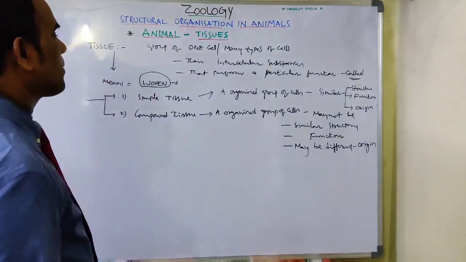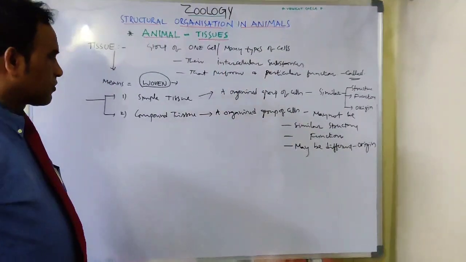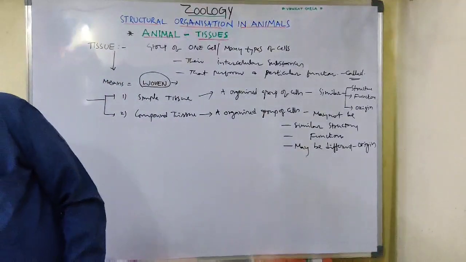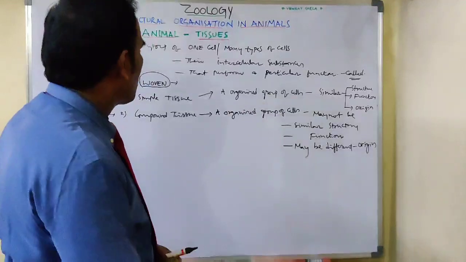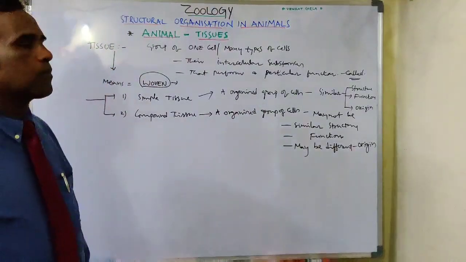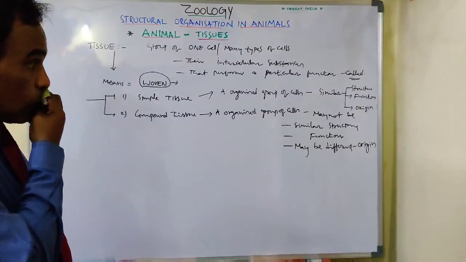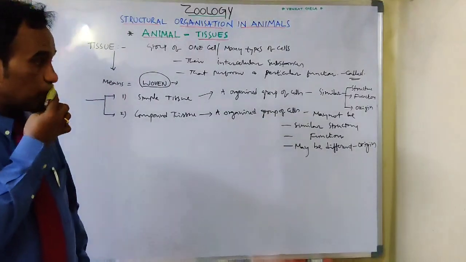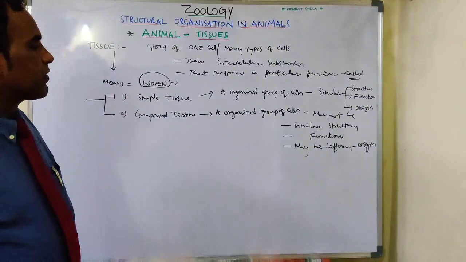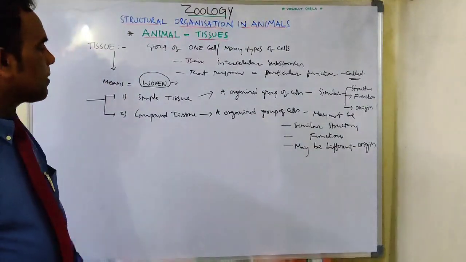So a compound tissue means an organized group of cells, not similar in structure and function and different in origin.